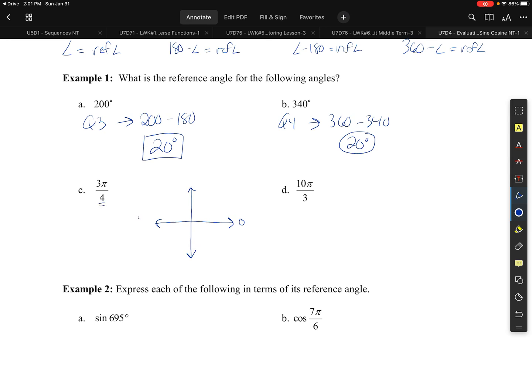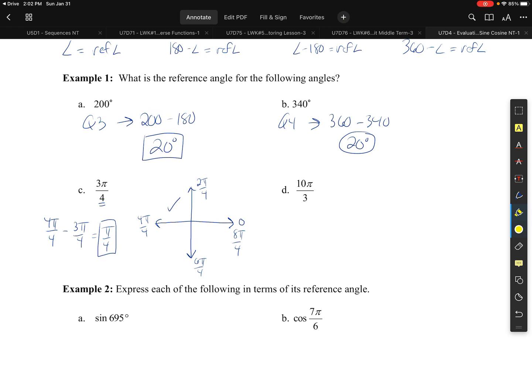With our common denominator of 4, this is 4 pi over 4, making this 2 pi over 4, 6 pi over 4, and 8 pi over 4. So by doing that, I could figure out that our angle is in the second quadrant. So now our rule in the second quadrant is 180 minus the angle. So here, 180 is now 4 pi over 4 minus 3 pi over 4, which gives us pi over 4.